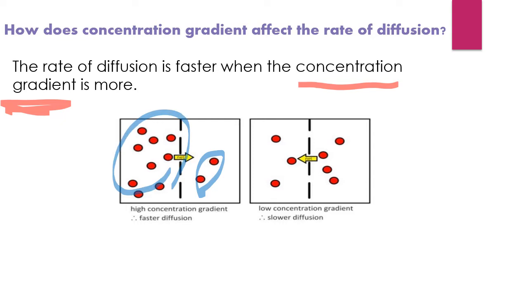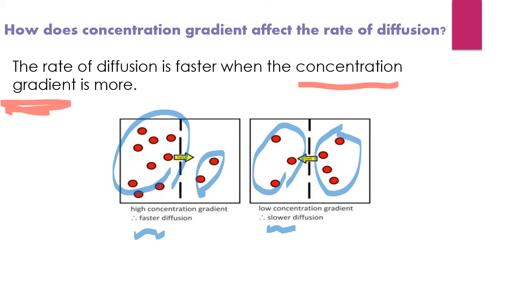So the difference between both of them becomes 7. So the concentration gradient here is more than this one. We have 3 particles and 4 particles, only 1 in difference. So here will become slower diffusion, but here is faster diffusion. Why is it faster here? Because the concentration gradient is more.